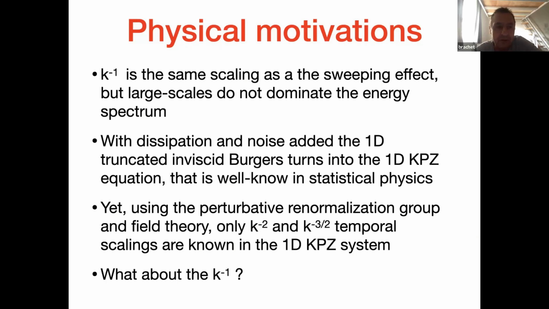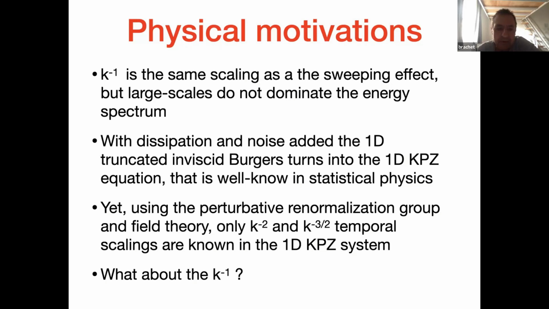Physical motivations, continuing. k^-1 is the same scaling as the sweeping effect in turbulence, but the sweeping effect is a sweeping by the large scales, and in the absolute equilibrium spectrum, you cannot say that the large scales dominate the spectrum because of the k^(d-1). If you add to the inviscid truncated Burger's equation a dissipative term and a noise term, the system morphs into what is called the 1D KPZ equation, well known by people in statistical physics studying interface growth.